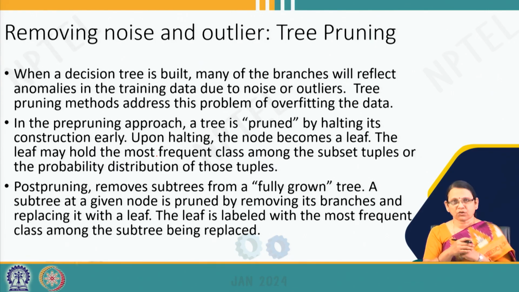So, under such circumstances, what do we do? When the tree is growing, starting from the node, either you stop it in between, do not let it grow, or you make it grow, then using certain criteria you try cutting it.